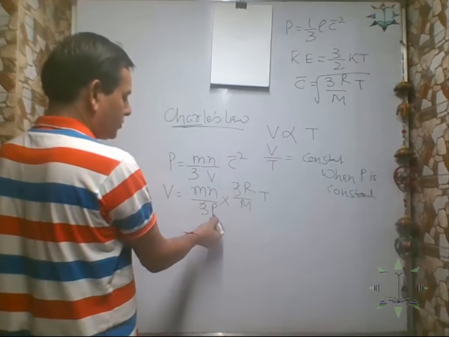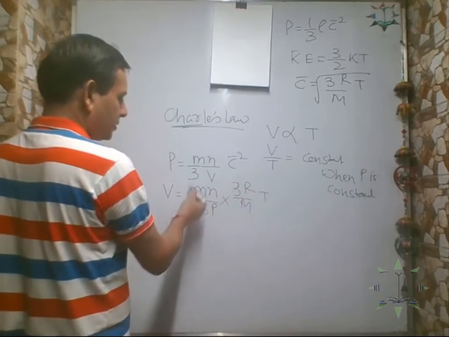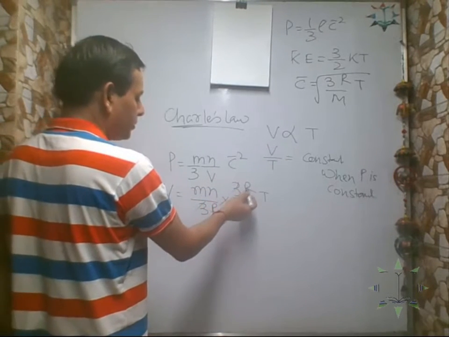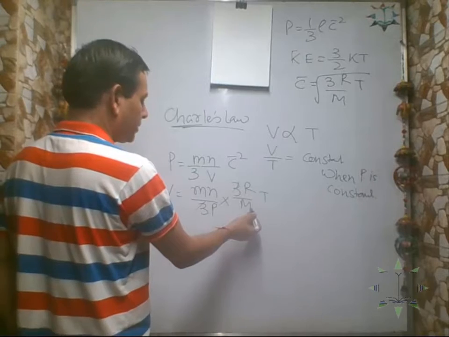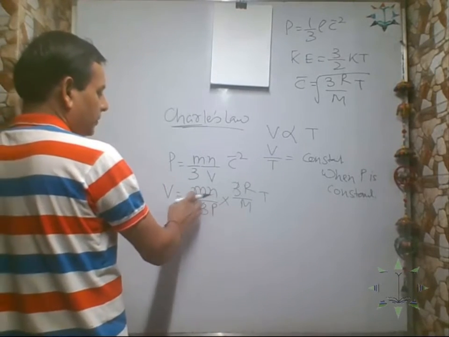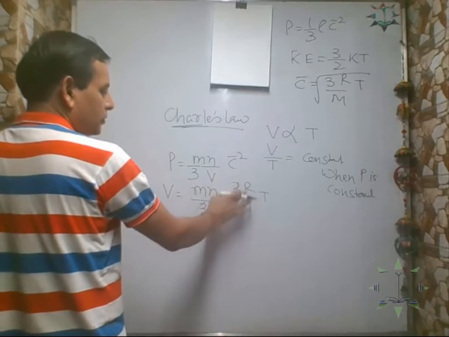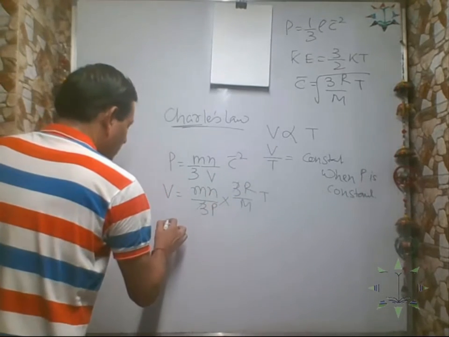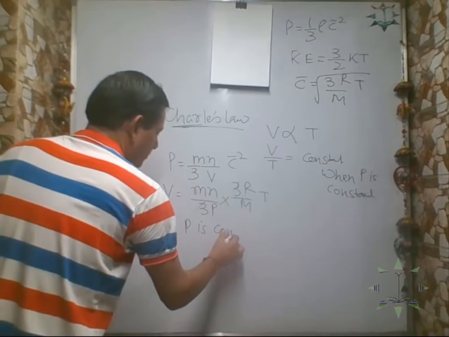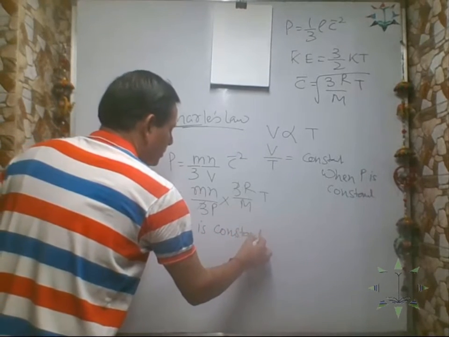If pressure is constant, all the terms like mass of each molecule, number of molecules, universal gas constant, and molecular weight of the gas are constant. If P is constant, then the entire thing is constant except T. What is the only variable thing?